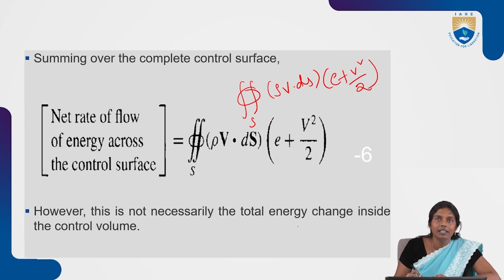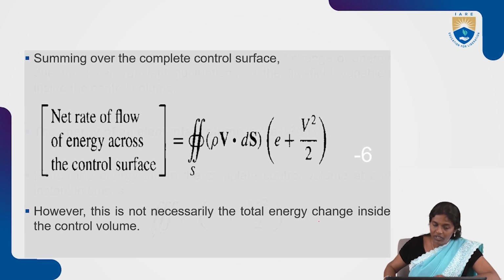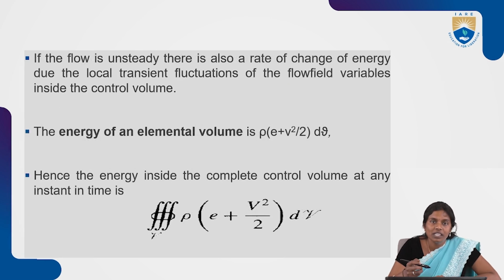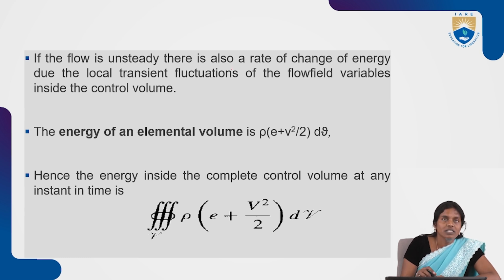So this is not the entire total energy inside the control volume. We have to see again, if unsteadiness is there, how the rate of change of energy will be. If the flow is unsteady, then there will be a rate of change of energy due to local transient fluctuations of flow field variables inside the control volume. The energy of an elemental volume is rho into e plus V square by 2 into dV.